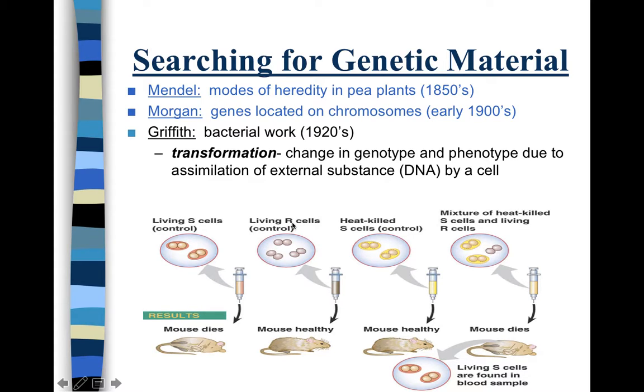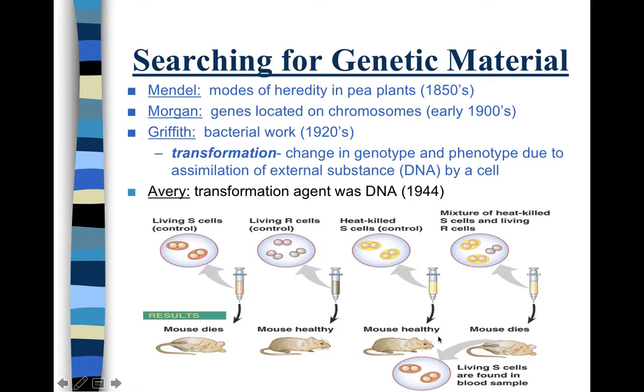The living R cells are the control, and the mouse is healthy. The heat-killed S cells are also a control. The mouse is healthy. A mixture of heat-killed S cells and living R cells, the mouse dies. Living S cells are found in a blood sample. The Avery transformation agent was DNA.